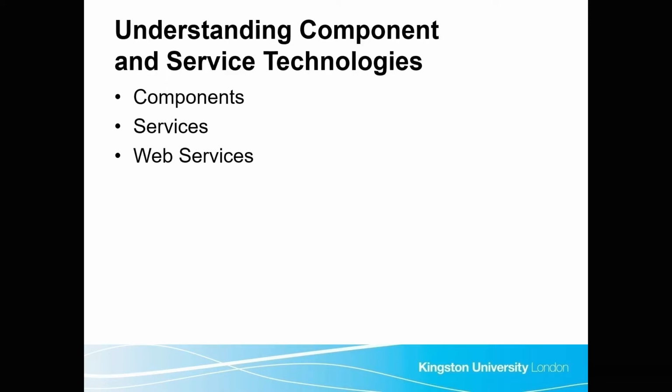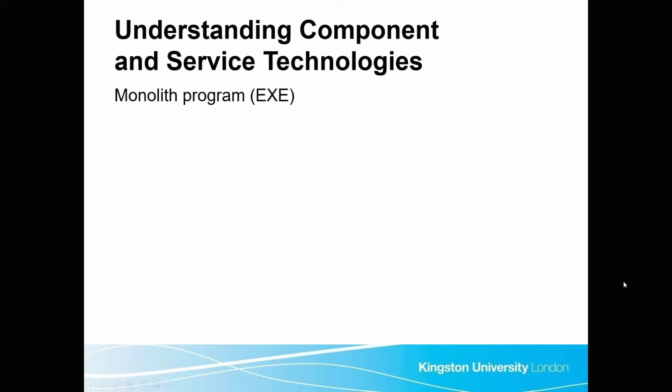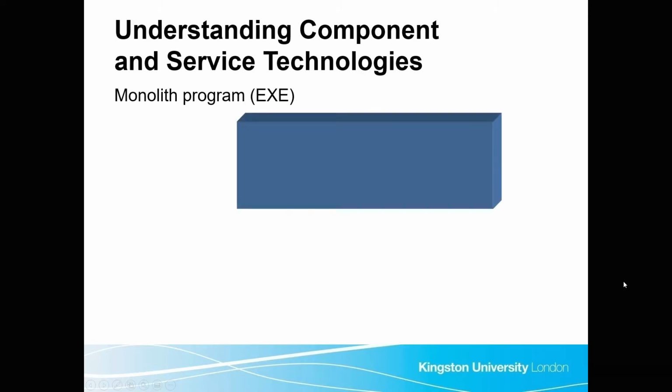So, we will be talking about components, services, and web services. This is a monolith program. A monolith program is not a component or service technology of any kind. This is how programs looked before components were introduced.